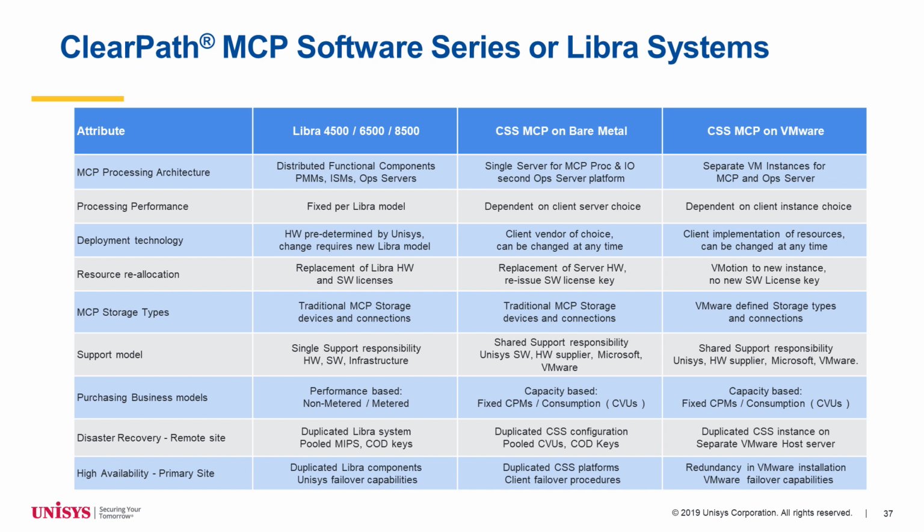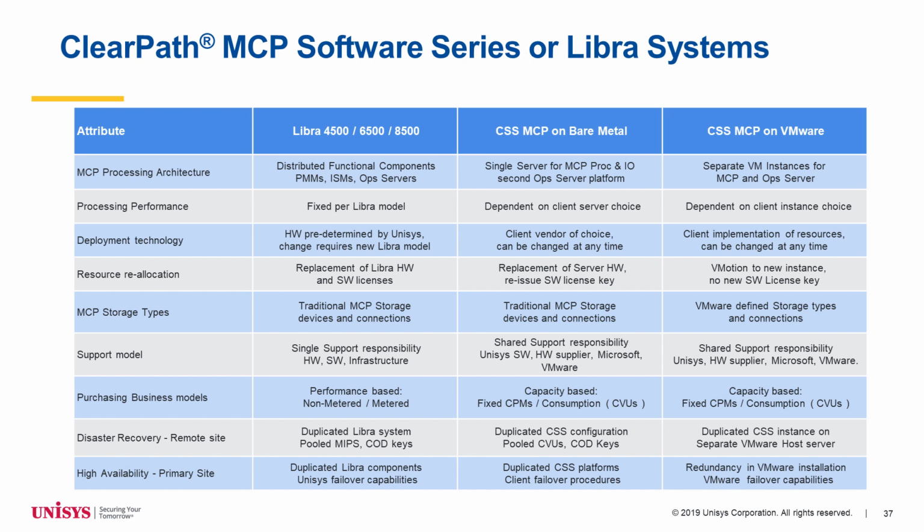So for high availability, you have duplicated Libra components in the Libra servers. Again, you have 2 PMMs, 2 ISMs, and 2 op servers, and this facilitates the Unisys failover capabilities. For Software Series on bare metal, you can duplicate the CSS platforms, and you can have client failover procedures that you implement within your environment.